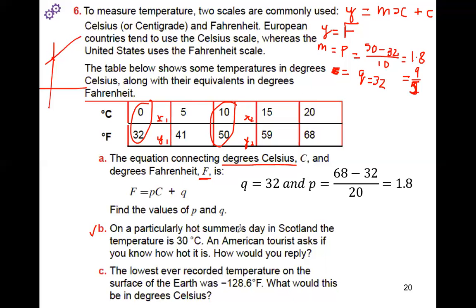On a particularly hot summer day in Scotland, the temperature is 30 degrees, quite rare, but it happens. An American tourist asks if you know how hot it is, how would you reply?